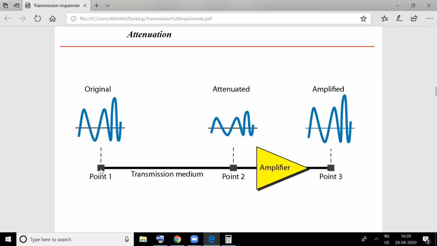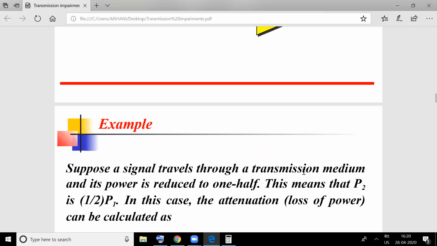Now in the first portion, from point 1 to point 2, the signal will be attenuated, the signal's energy will be lost, but from point 2 to point 3 the signal's energy will increase because we are using an amplifier in between point 2 and point 3.